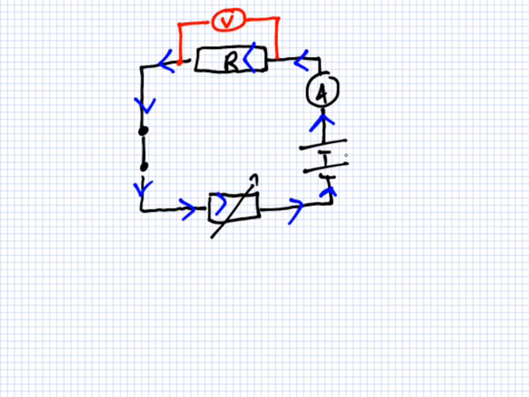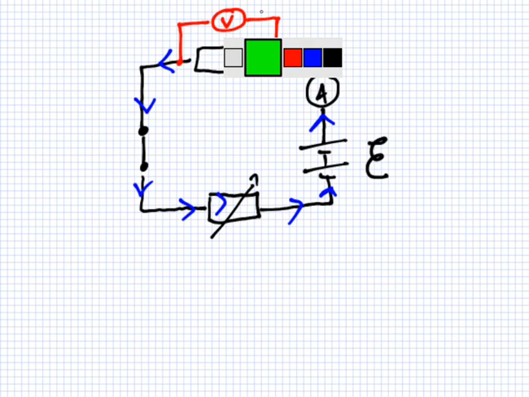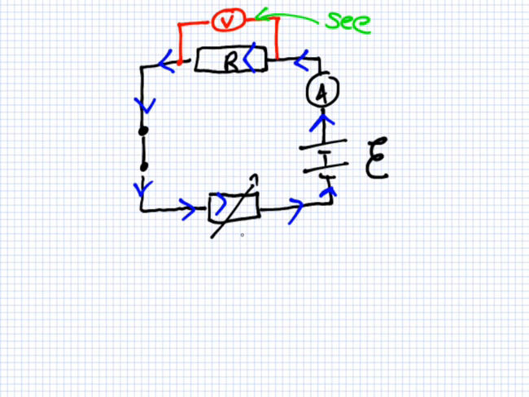What was down here? Oh, the variable resistor, wasn't it? And then also, up the top, there's a voltmeter around this. So what happens is you close the switch, the current goes through the ammeter, through the resistor, along it goes, and then through the variable resistor, and then back to the start.